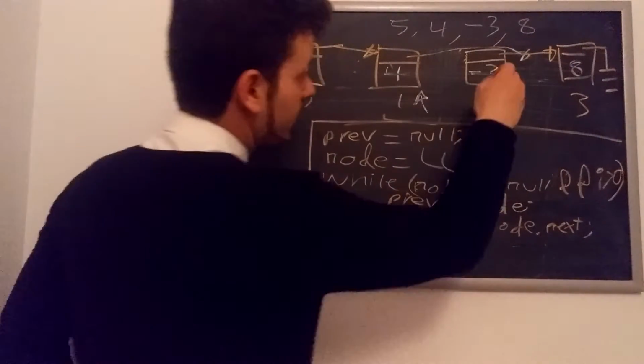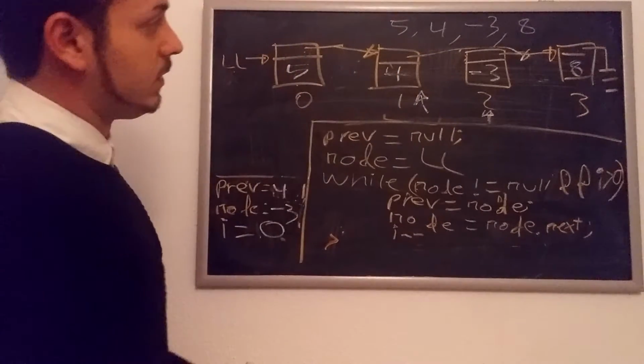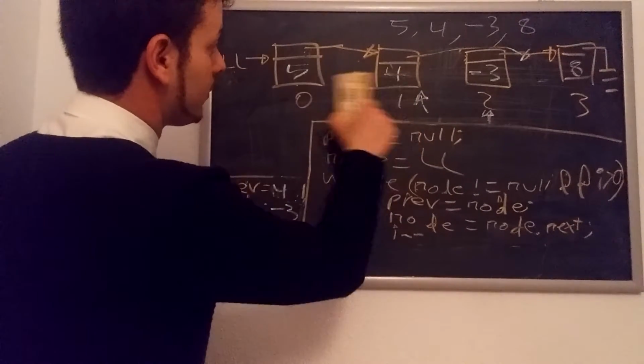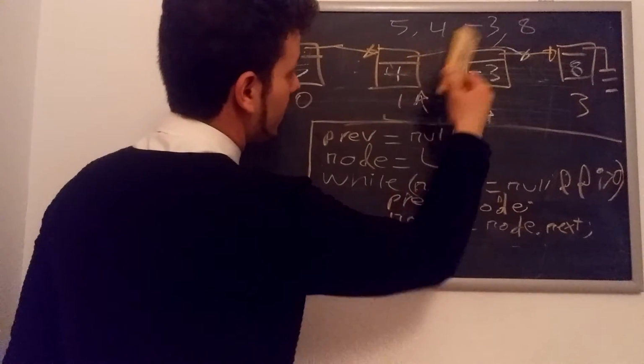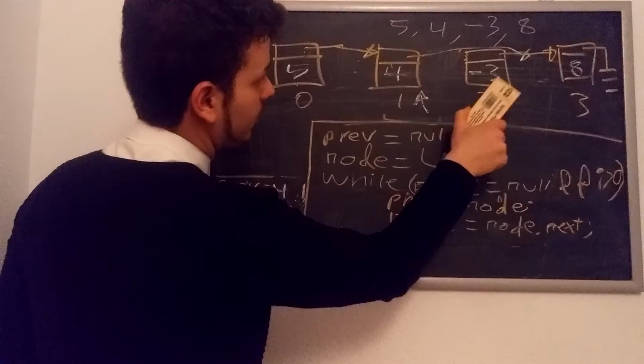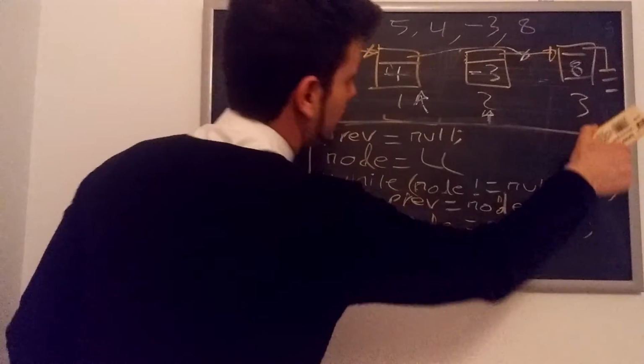So we're going to move this pointer here to here. This way, when we reach this node, its next pointer will not point to the node that we have just deleted. It will point to the 8.